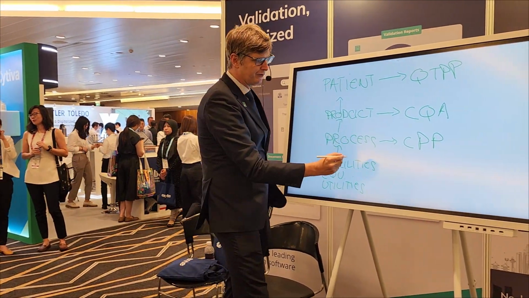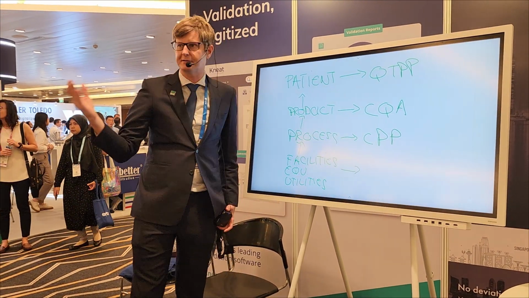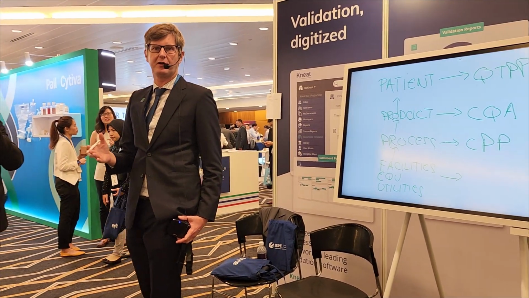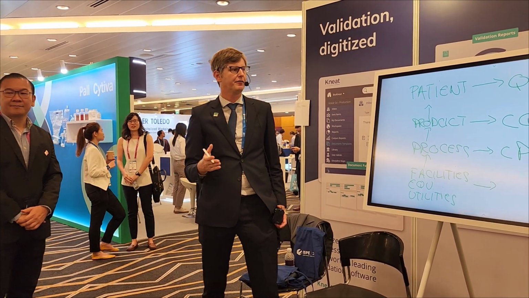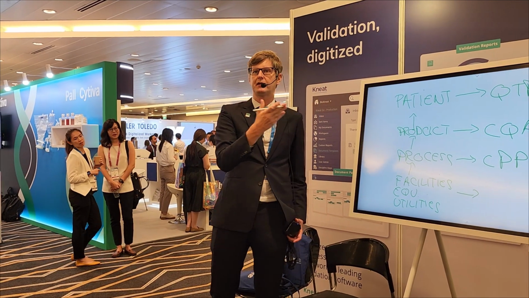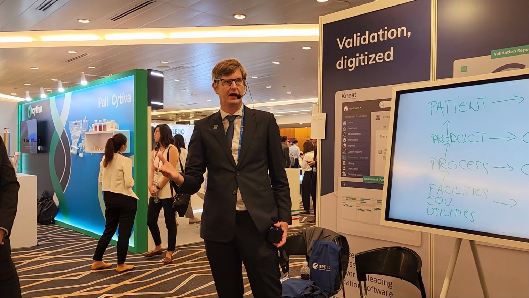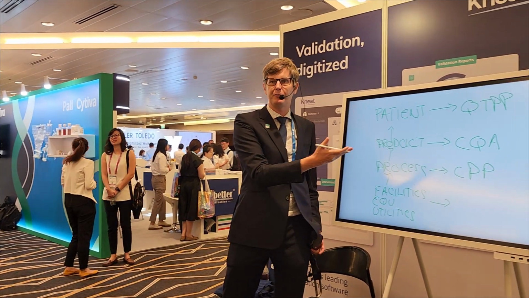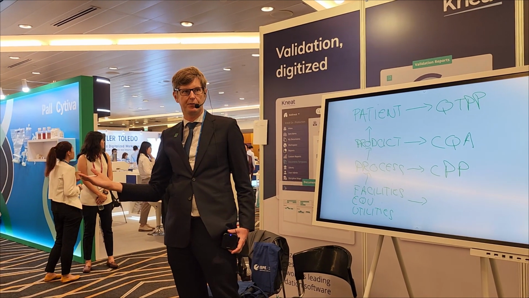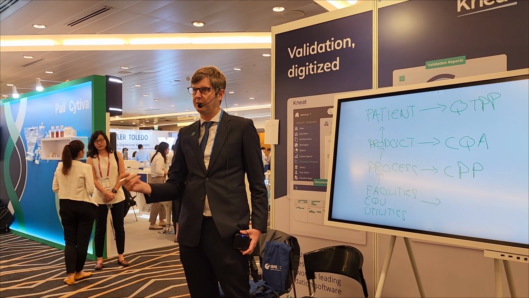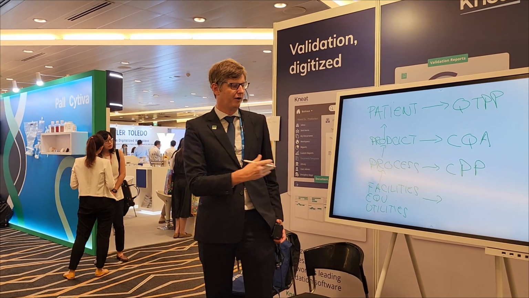So how do I do that? Well, let's take, for example, a sterilization autoclave. In a sterilization autoclave, one of the critical quality attributes is that the product is sterile. What are the CPP? I have the time and the temperature. So those are two process parameters that I can change. And how do I control them?